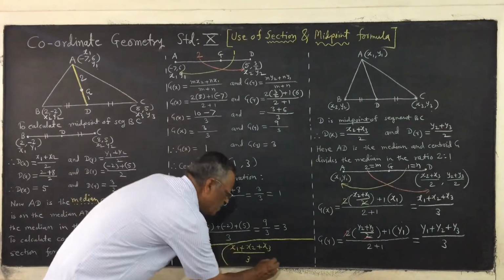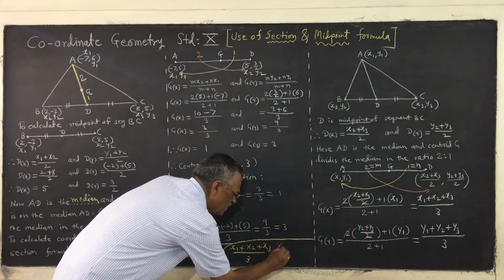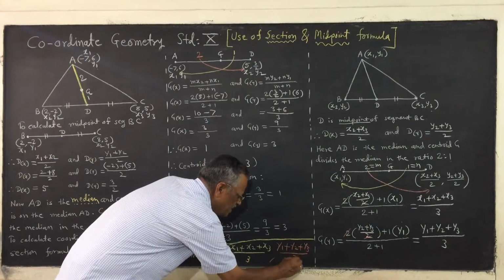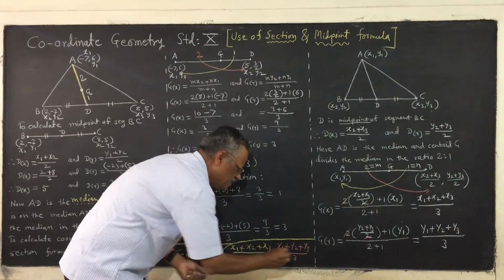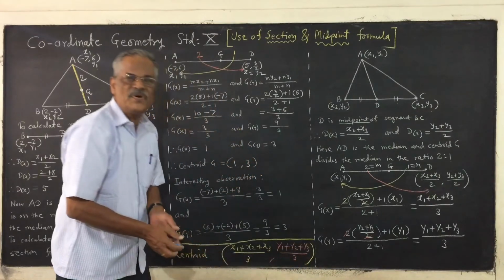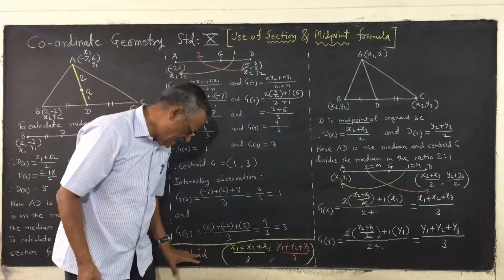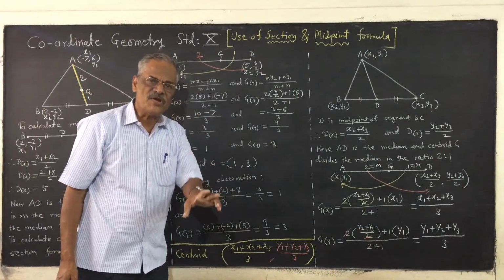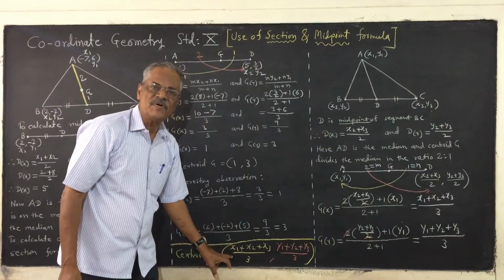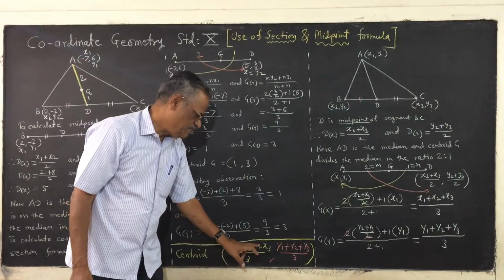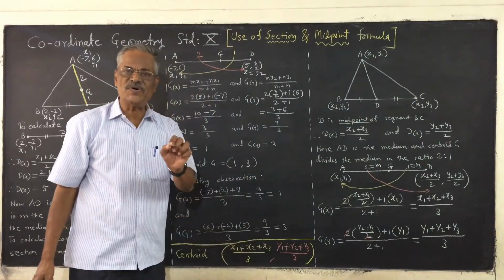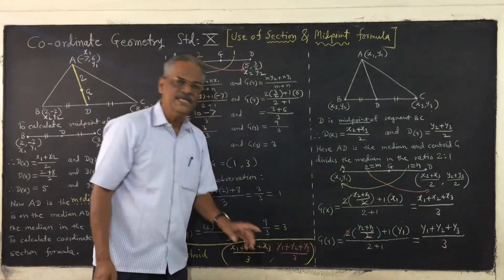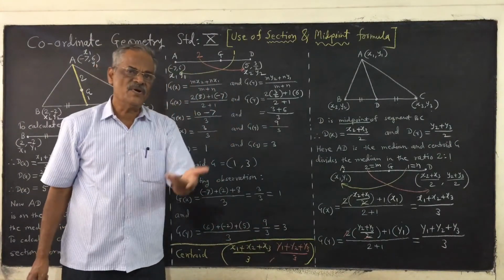And what about the y coordinate of that point? y1 plus y2 plus y3 upon 3. So this is a very interesting, very important formula for you. For any triangle given, you can calculate the centroid by using a very simple formula: x1 plus x2 plus x3 upon 3, that is the x coordinate of G, and y1 plus y2 plus y3 upon 3, that is the y coordinate of G.